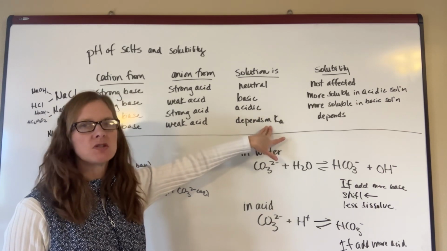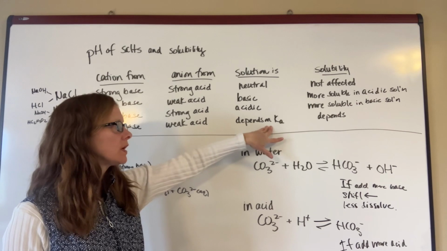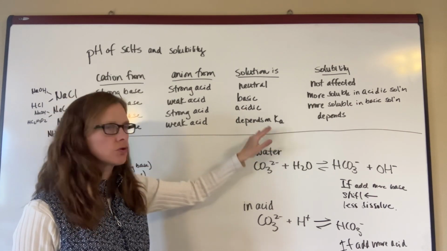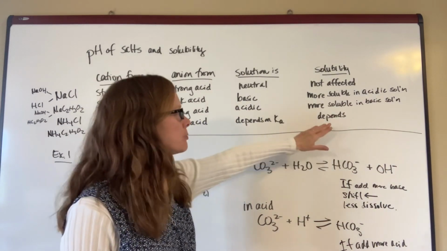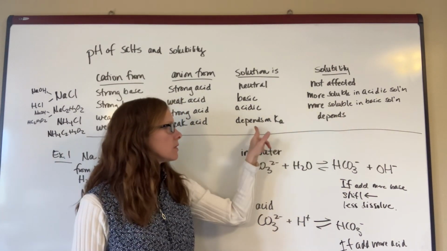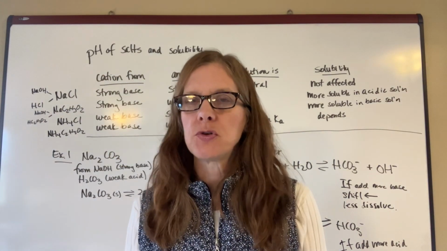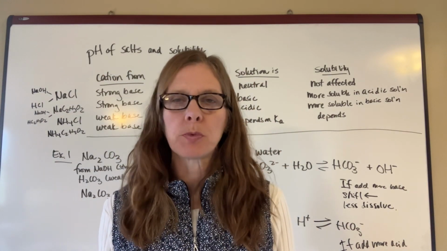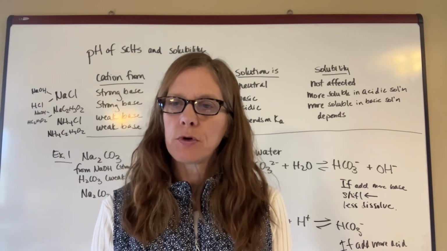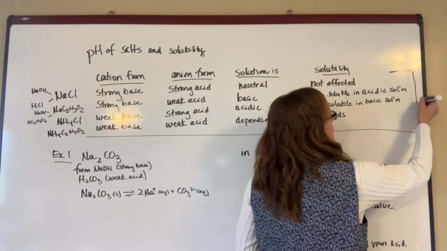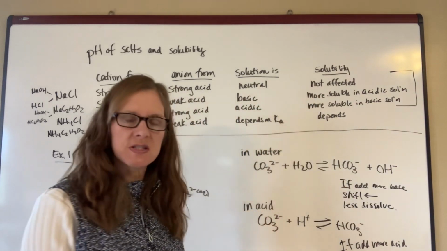And so whichever one is the strongest one is going to be the one that's going to lend its characteristic to the pH of the solution. And therefore the solubility will depend based on what the answer is here. We're not going to get into that. If you take chemistry in college, I'm sure that you probably will, but we're not going to do it at this level. What I do expect you to know is basically the first 3 rows of this table and how things are affected there.